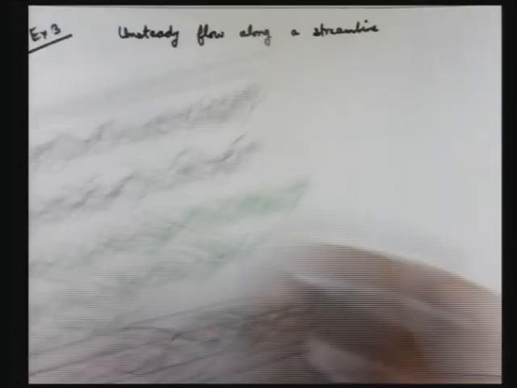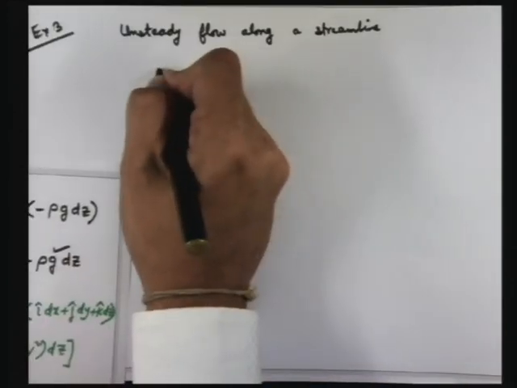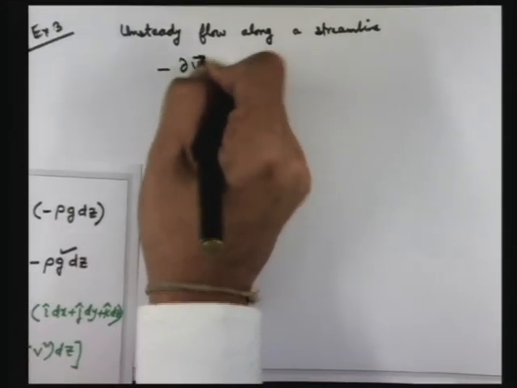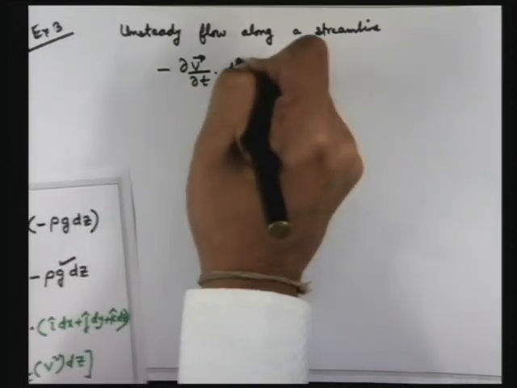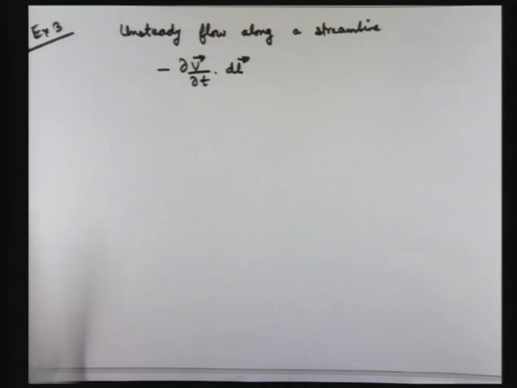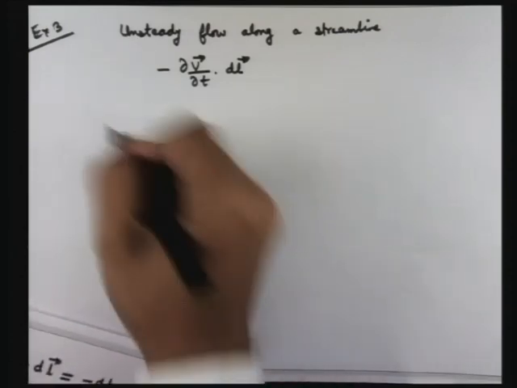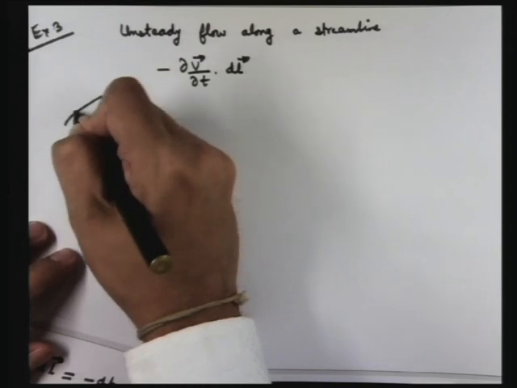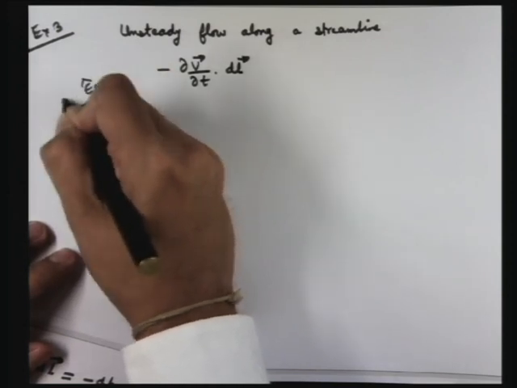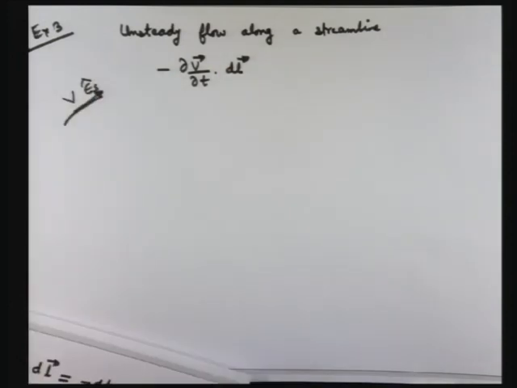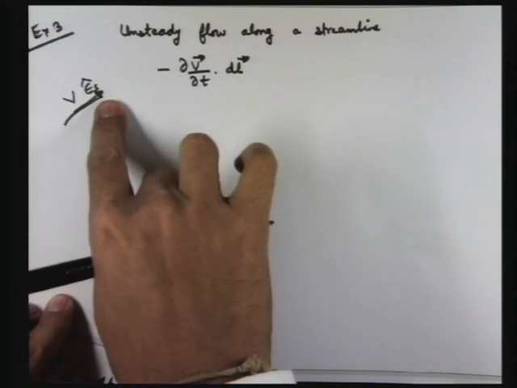So let us write this term, minus del V del T dot dl. For a flow along a streamline, we can write the velocity in terms of the unit vector along the streamline, which we call epsilon s.